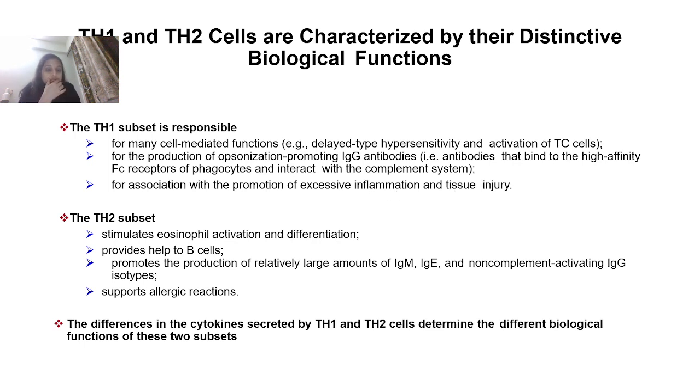So, this Th1 subset has different kinds of functions, and Th2 stimulates eosinophil activation and differentiation, provides help to B cells, promotes the production of large amounts of IgM, IgE, and IgG isotypes, and supports allergic reaction. However, the differences in the cytokines secreted by these two types of cells determine the different biological functions of these two subsets. So, Th1 and Th2 produce different kinds of cytokine subsets which determine their function.